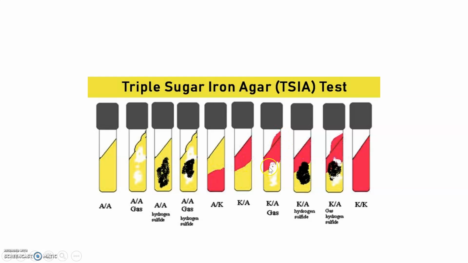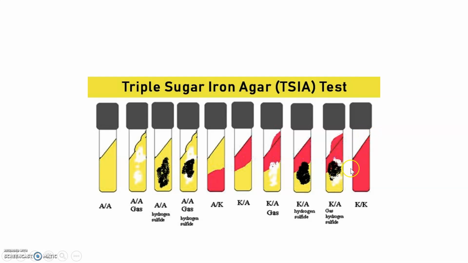K by A gas means alkaline slant, acid butt with gas production. K by A hydrogen sulfide means alkaline slant, acid butt with hydrogen sulfide production. K by A with gas and hydrogen sulfide means alkaline slant, acid butt, hydrogen sulfide, and then gas bubbles.